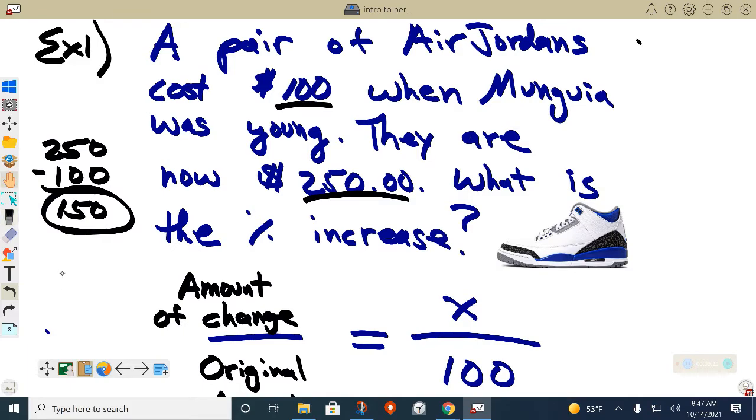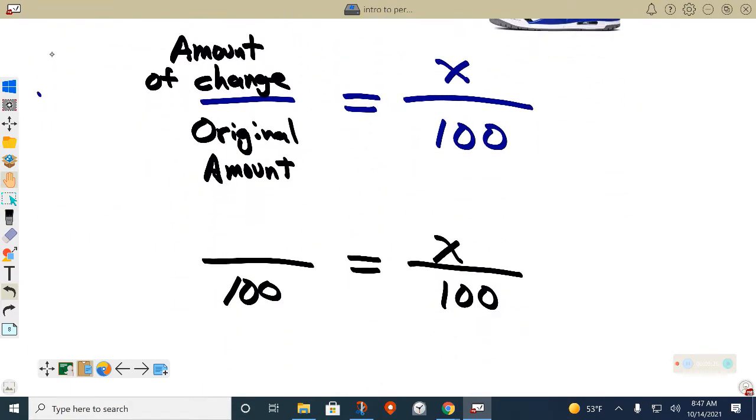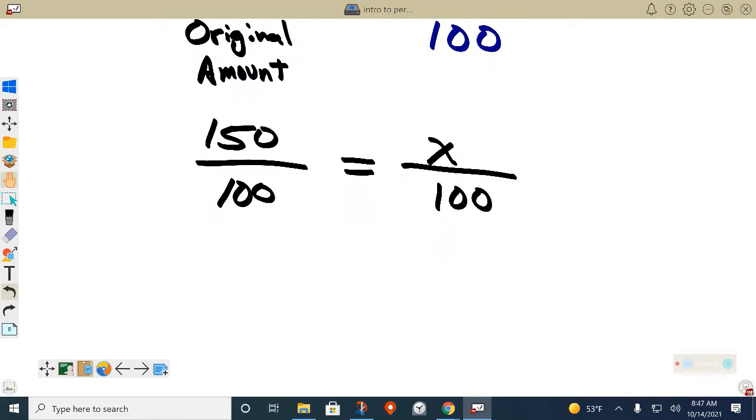That goes on the upper left now. It's a slight variation on what I've been teaching. We're just talking about movement from an original amount to a new amount and what's the percent increase or decrease.